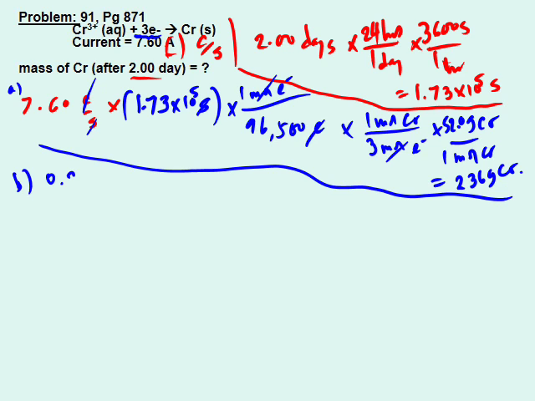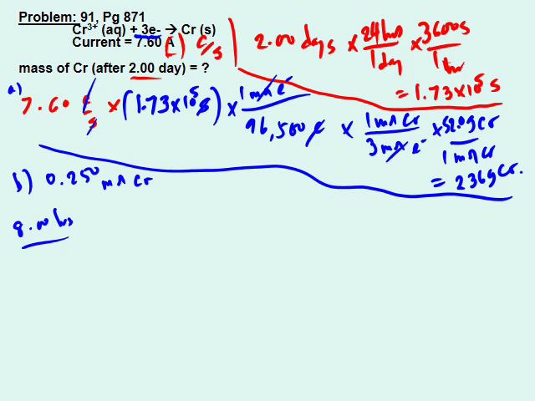They want to plate out 0.250 mole chromium from chromium 3 plus solution in a period of 8.00 hours. So they want to pass electricity for 8 hours, and they want to get 0.250 mole of chromium.